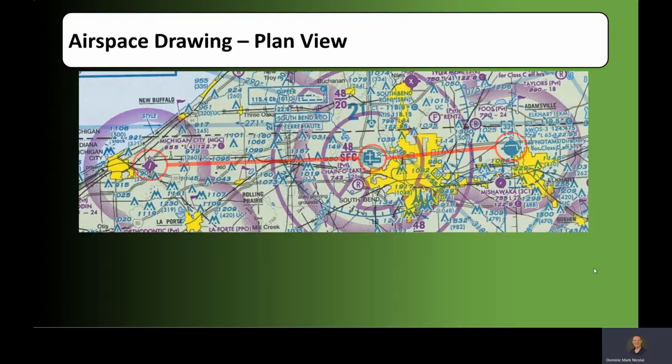In order to do this, we're taking this plan view the cartographer made and turning it on its side into a profile view. And we're going to be doing that along the course line there between the airports. In order to get this accomplished, we got to know some certain distances.